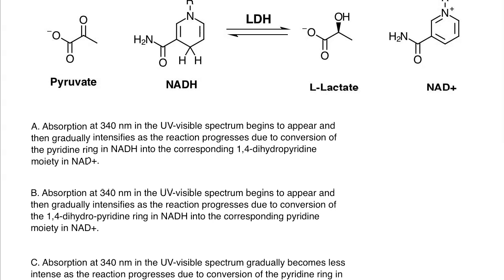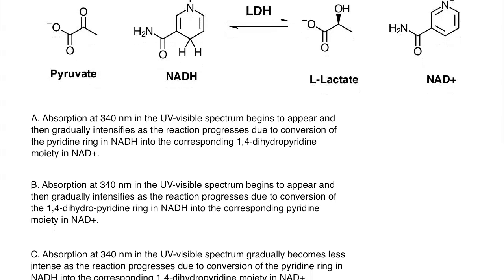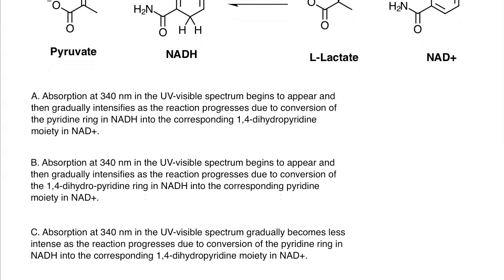So here are the options, and you want to listen and read over these carefully. A. Absorption at 340 nanometers in the UV visible spectrum begins to appear and then gradually intensifies as the reaction progresses due to the conversion of the pyridine ring in the NADH into the corresponding 1,4-dihydropyridine moiety in NAD+.